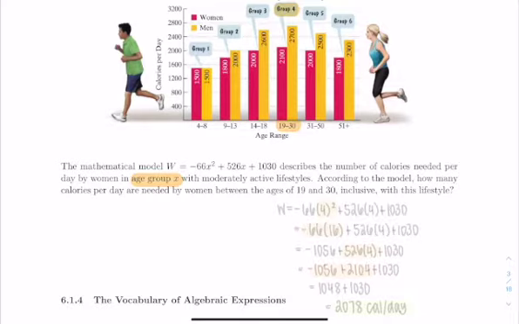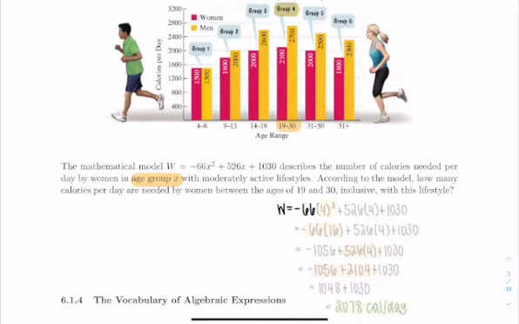And so that is what X is going to be. I don't need to know anything else from this graph except for the fact that the women between 19 and 30 ended up in group 4. And so X is equal to 4. So just like in the previous examples, I'm going to plug in X equals 4 into our model.